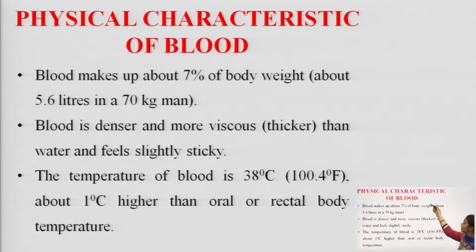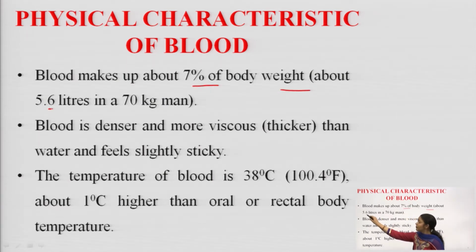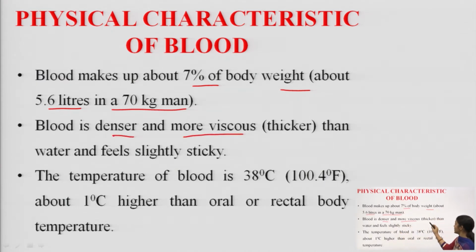Now the physical characteristics of the blood. Blood makes up about 7% of body weight, that is about 5.6 liters in a 70 kg man. This proportion is less in women and greater in children. Blood is denser and more viscous, thicker than water, and feels slightly sticky.